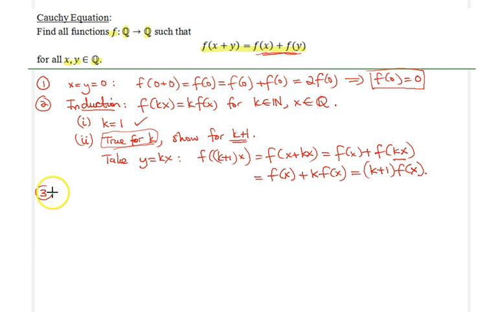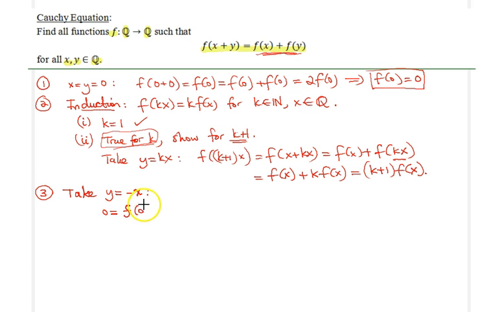Now in the third step, let's take y equals minus x and substitute it into our expression. So observe that 0 is equal to f of 0, obviously.